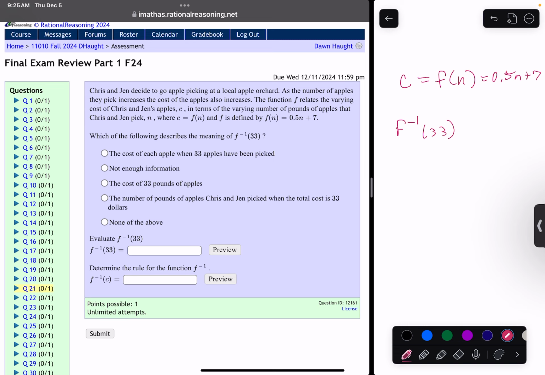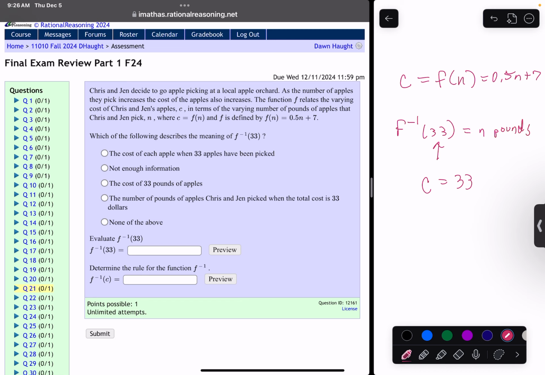So what that's saying is that inverse notation, that the cost is 33. So it's how many pounds of apples did you pick when the cost is 33. So this would actually be the n, the pounds.